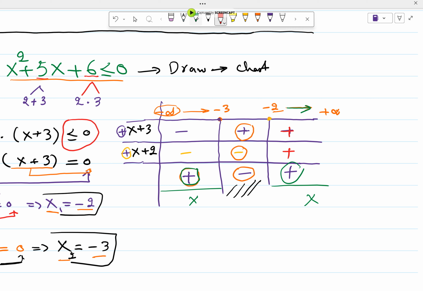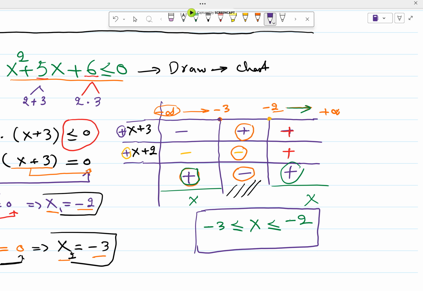Now we can tell that x is greater or equal to minus 3 and x is less or equal to minus 2. This is the set of solutions of the inequality.